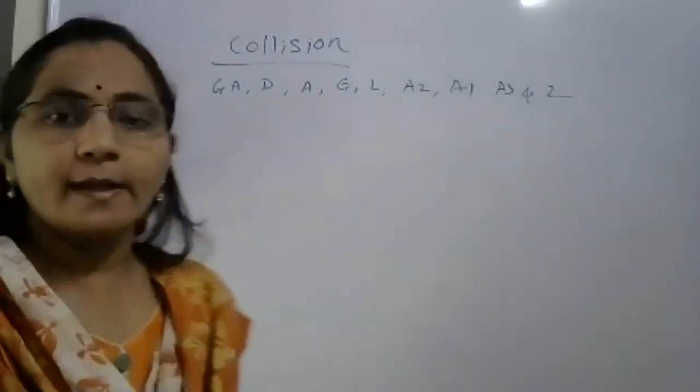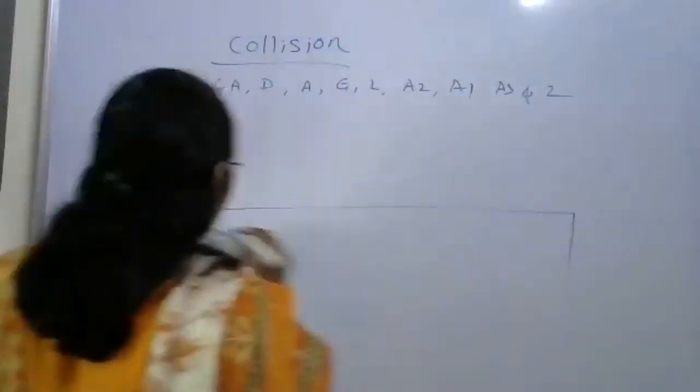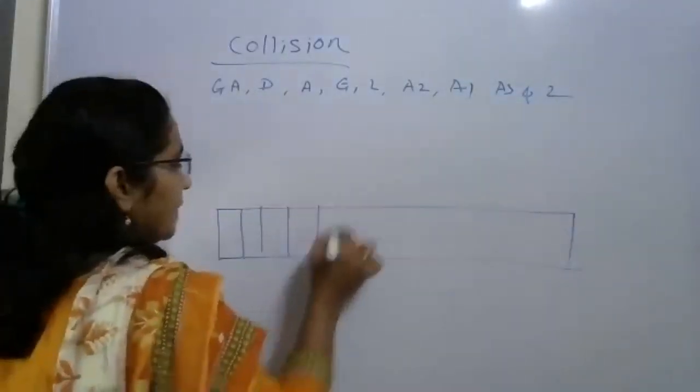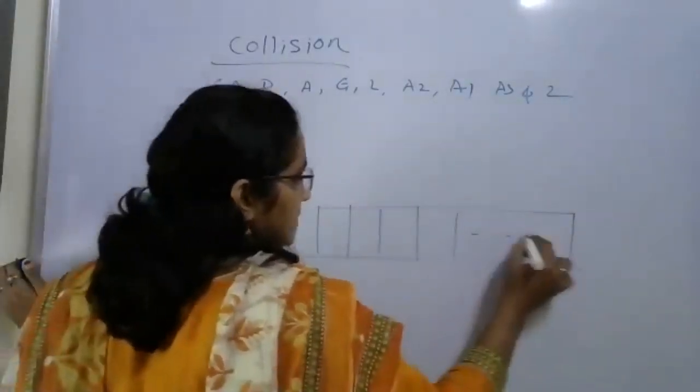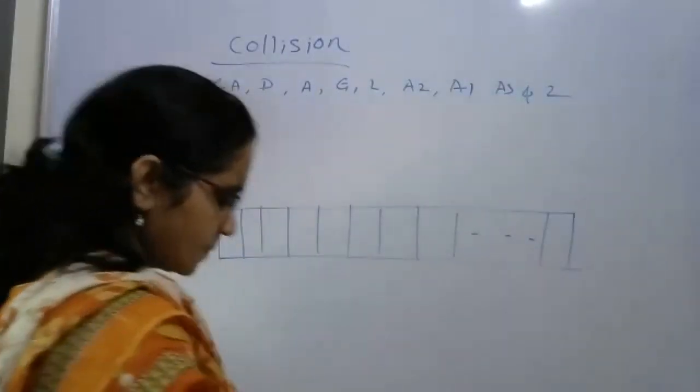First of all, I create the hash address. Suppose I have one bucket and two slots, and there are 26 parts, 1, 2, 3, 4 up to 26.